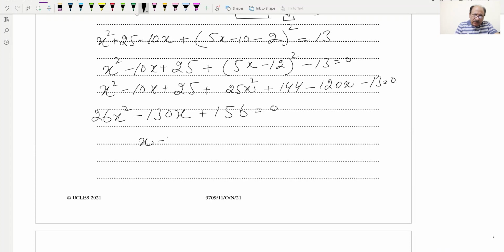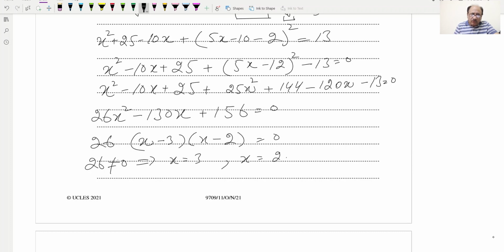So (x minus 3)(x minus 2) is equal to 0, and outside will be the common factor, 26. This implies 26 is not equal to 0, so x is equal to 3 and x is equal to 2.